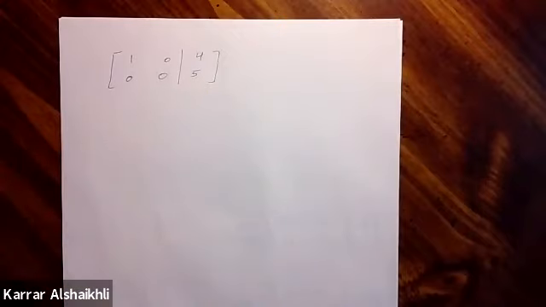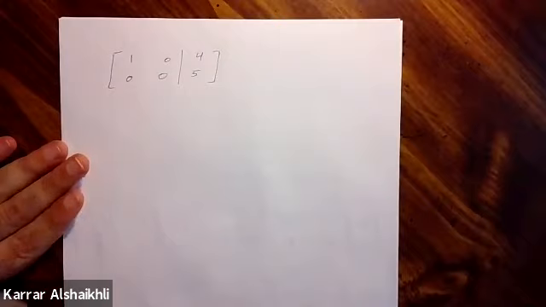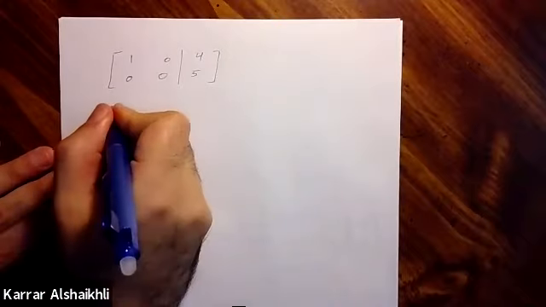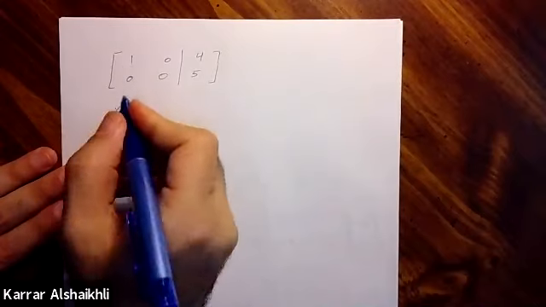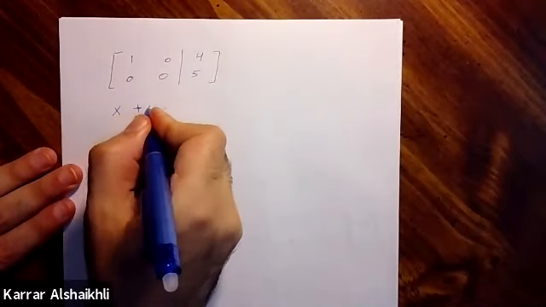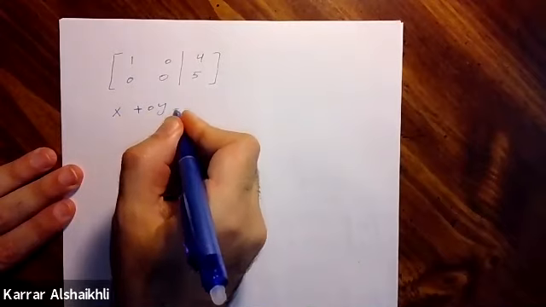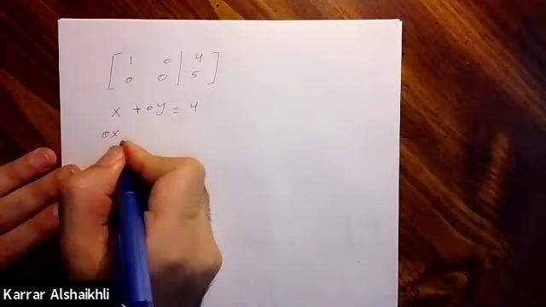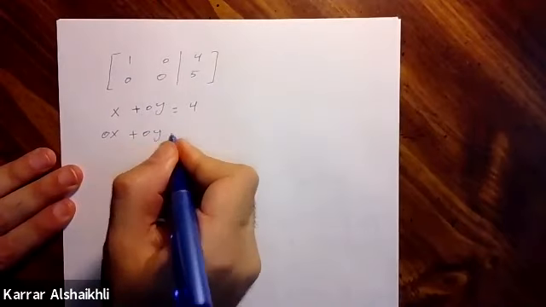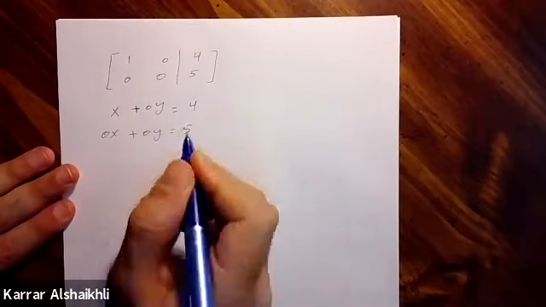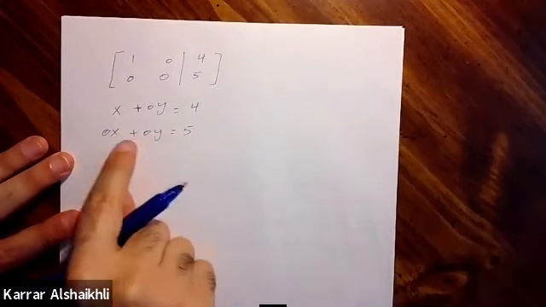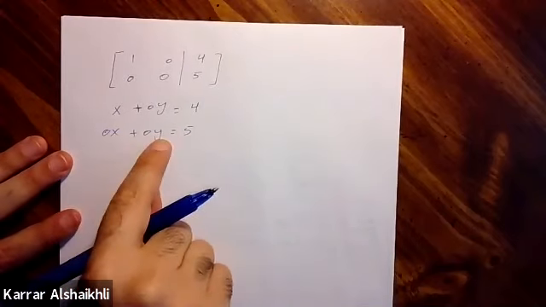So if you want to convert this one back to the system, let's bring it back to the system. It's going to be 1x plus 0y equal 4, and 0x plus 0y equal 5. Let's focus on the second one. Plug in any number here.